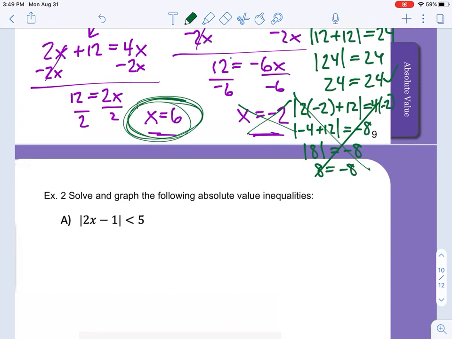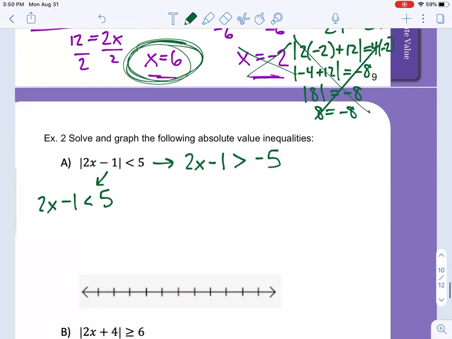All right. Now, doing these problems with inequalities is basically the same thing. We have our original, 2x minus 1 is less than 5. And then our new one, to solve for our second solution, we flip our sign and we also flip our inequality.